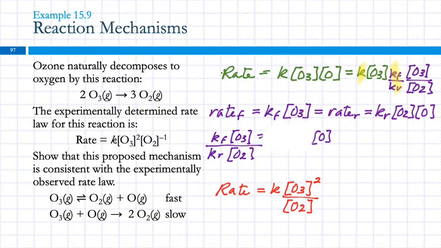And that is the same as what is written in the original problem with O2 to the minus 1, because when you have a negative exponent, that's the same as it being in the denominator.